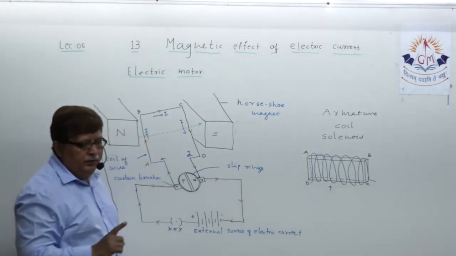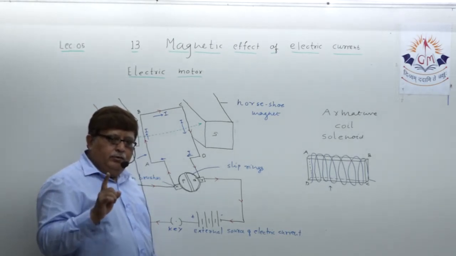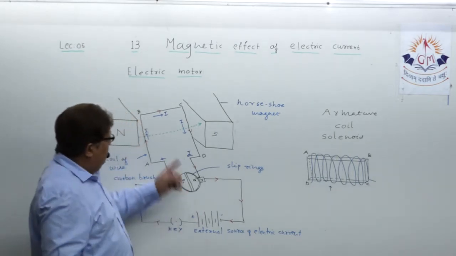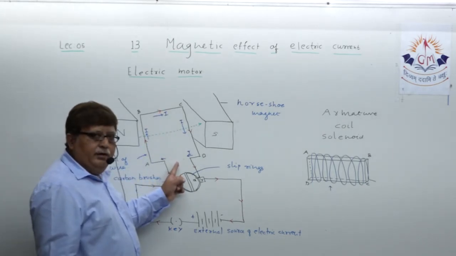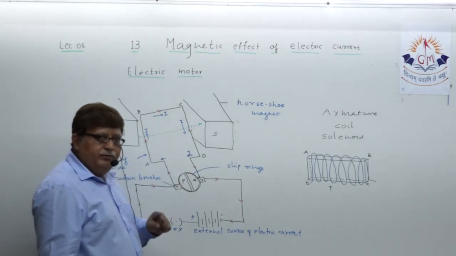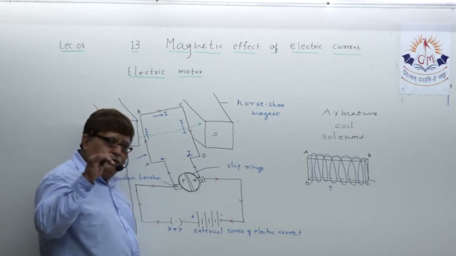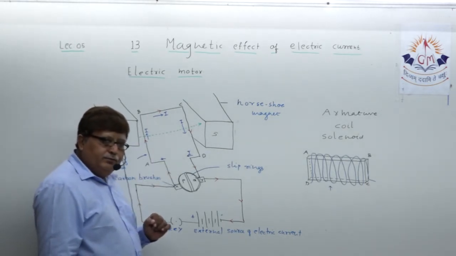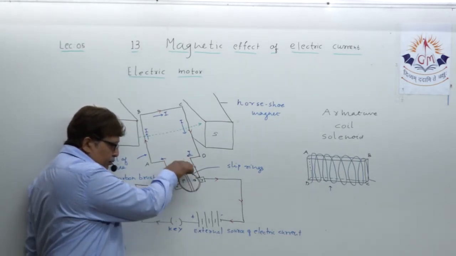So, my dear student, try to understand. No electromagnetic force will act on edge BC and edge AD. That means electromagnetic force is going to work only on edge AB and edge CD. And as they have shown in the textbook, one axle they have shown.